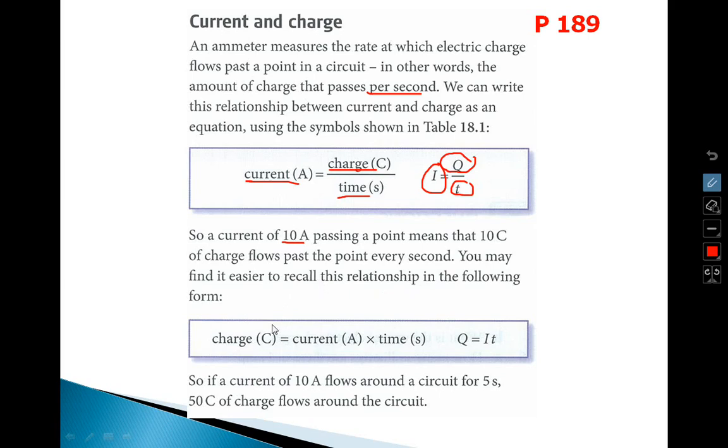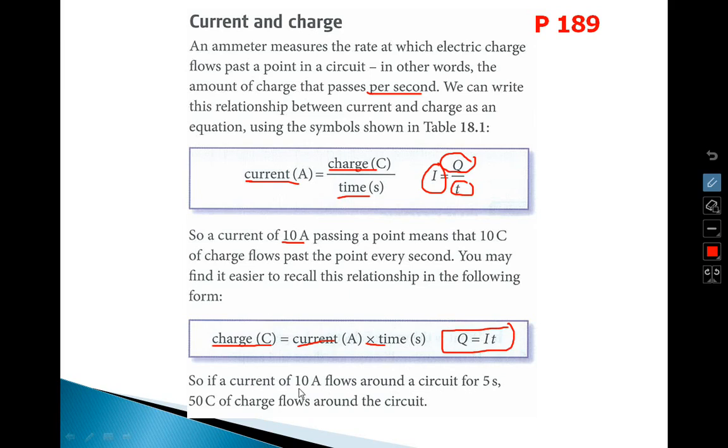It's the same. The charge Q is equal to current times time. So Q is equal to I times T.